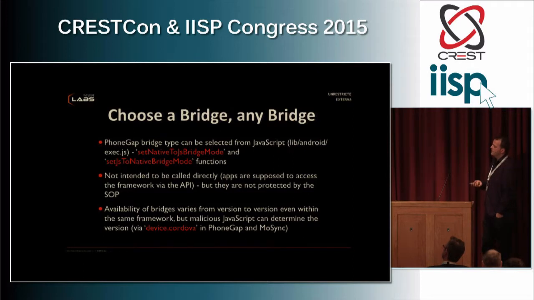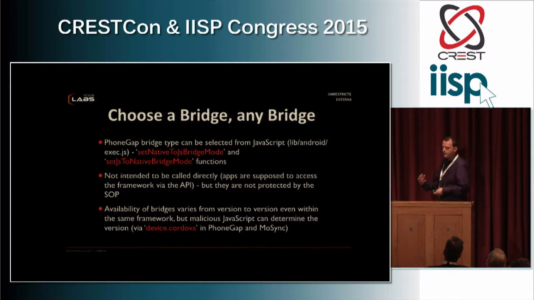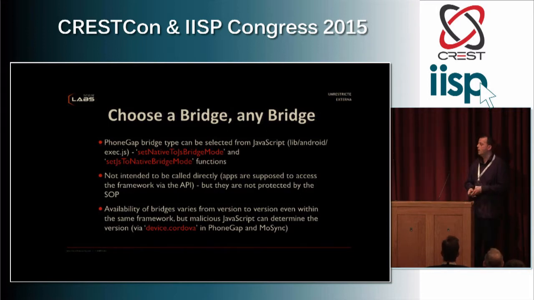A lot of the PhoneGap applications have the ability to use all the different techniques that we sort of talked about, the interface, the trap requests, etc. And depending on the device that it's running on and the version of the API that it's built against, because not all versions support all different types of interfaces, it will make a dynamic runtime decision on which sort of bridge it's going to use.